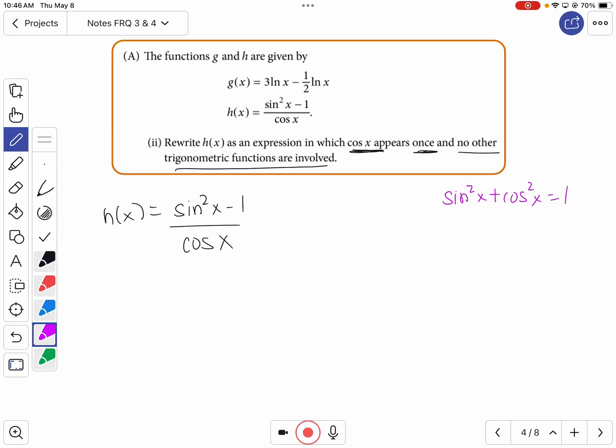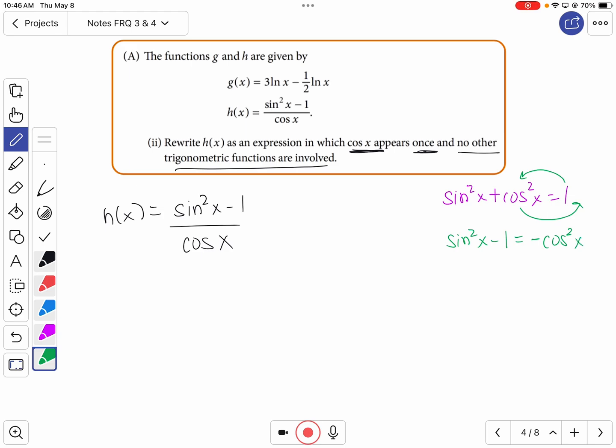So be careful right here. If I wanted to get sine squared minus 1, what would I need to move out of this Pythagorean identity? How would I fix it? I'd switch it, right? I need the 1 to go over here and the cosine squared to go over there. And that's all legal. It's equal. We know it's true. So I get sine squared minus 1 would equal a negative cosine squared.